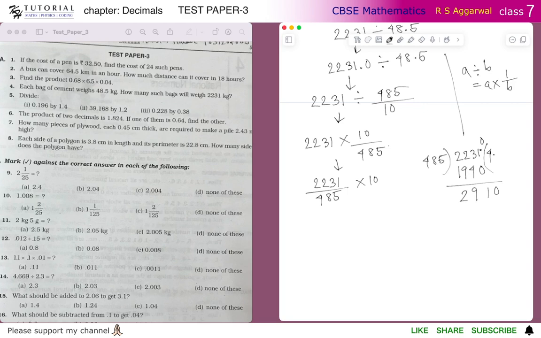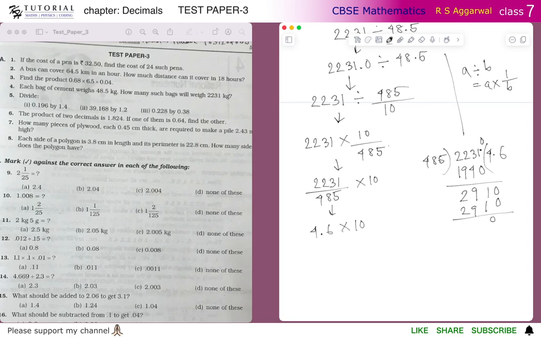Now what will be 6? Let me check if it goes with 6. This is 30, 48, yes, 51, and 29. Okay, so this becomes 4.6 into 10.